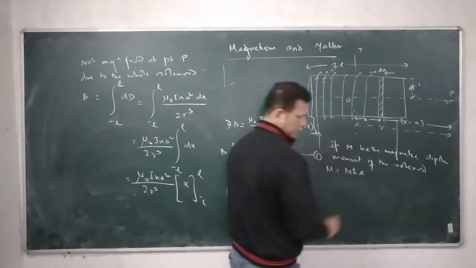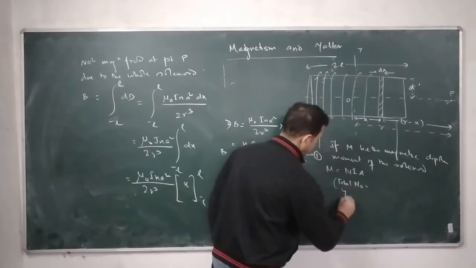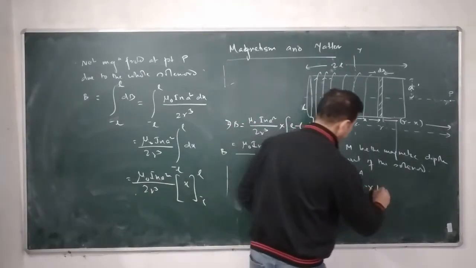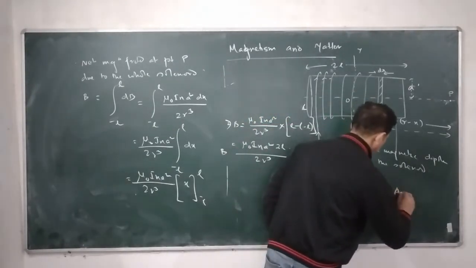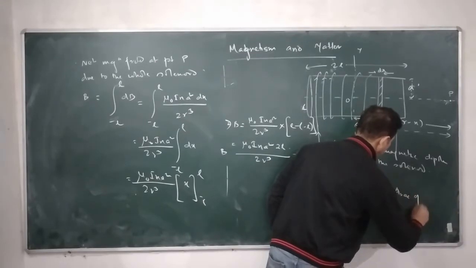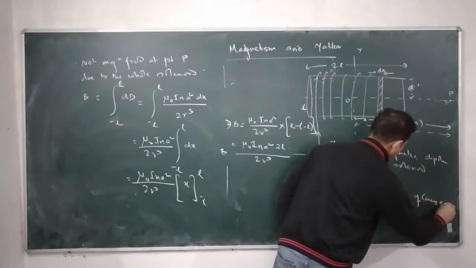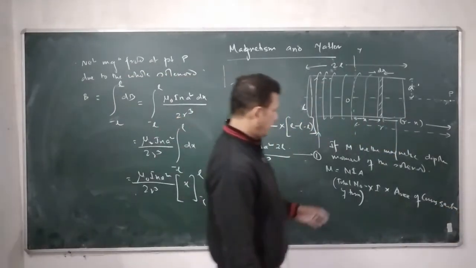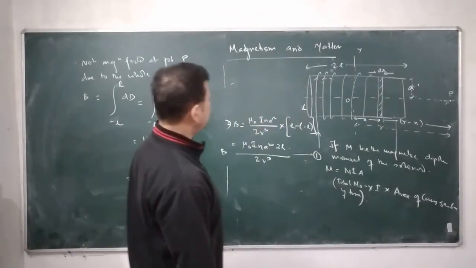The formula of the magnetic dipole moment M is N I A. N is the total number of turns of the solenoid, into the current passing through the solenoid, into the area of cross section of the solenoid. First you have to find the total number of turns.